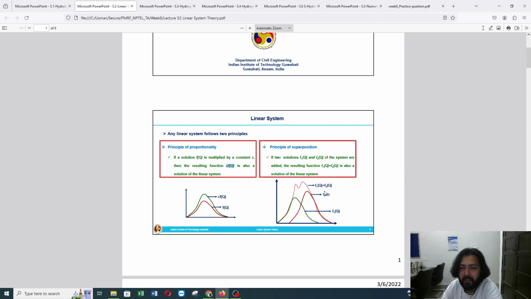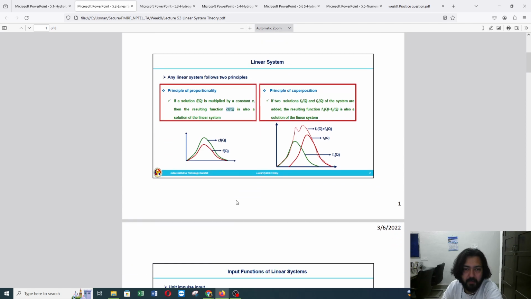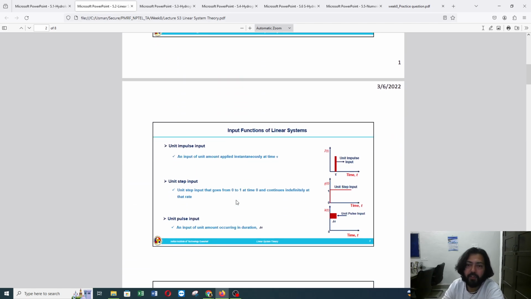If we add these two outputs, there would be a new output which is also a solution of the system. These are the two principles of a linear system. Then we talked about the input function of a linear system. The input function could be of three types. It could be a unit impulse, which is applied instantly at any time tau. Then there is the unit step function, which varies from 0 to 1 at time equal to 0. Then it remains constant over the period of time. This is called the unit step. And then there is the unit pulse.